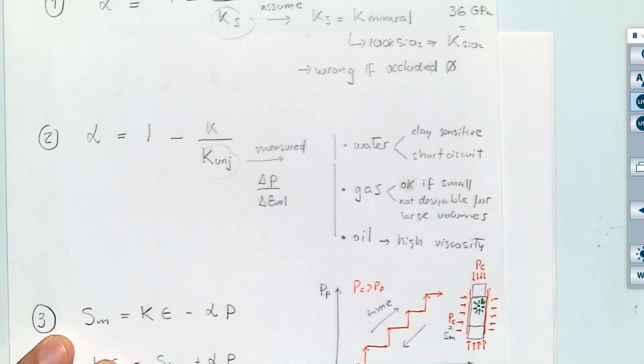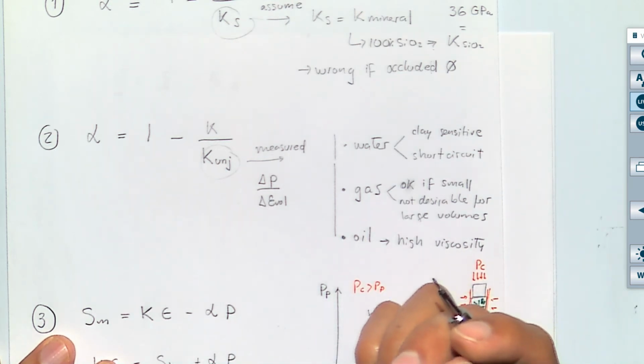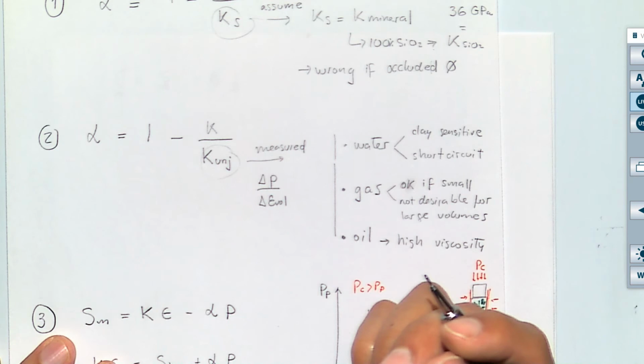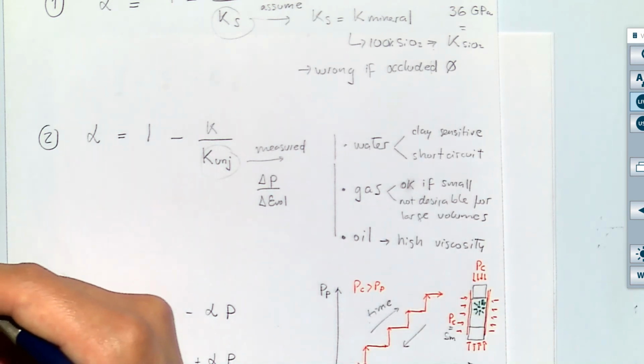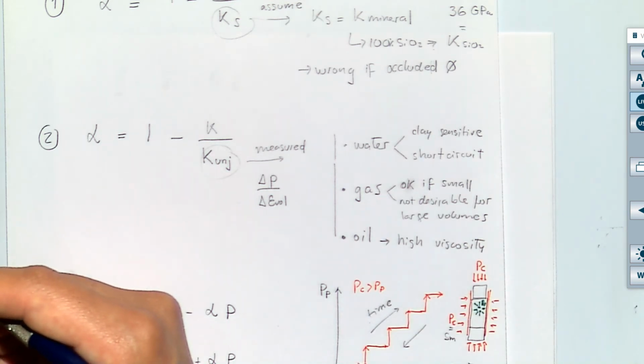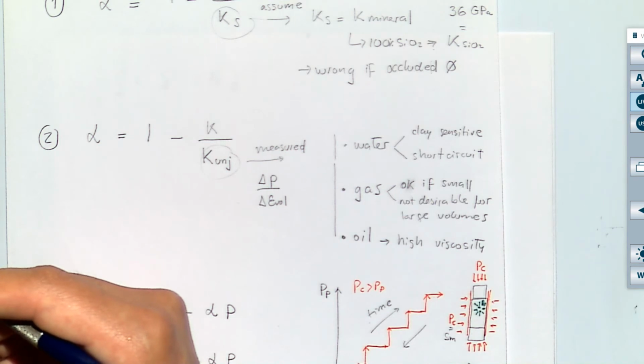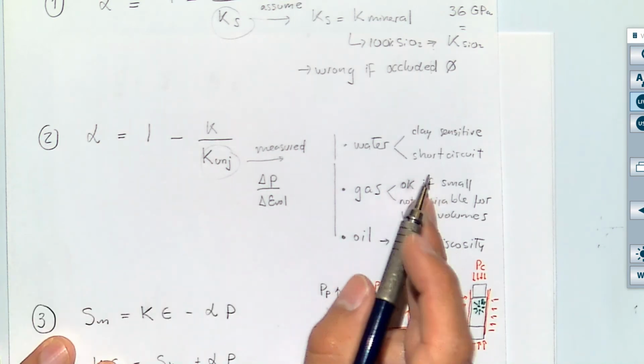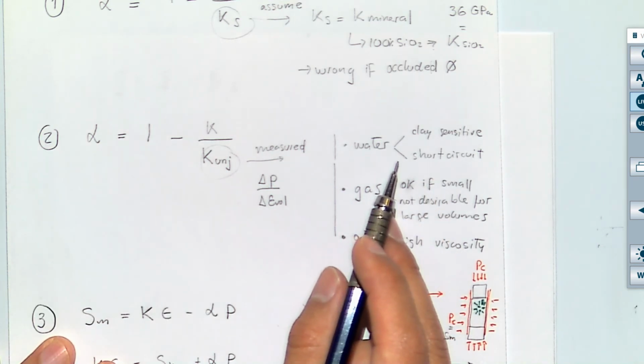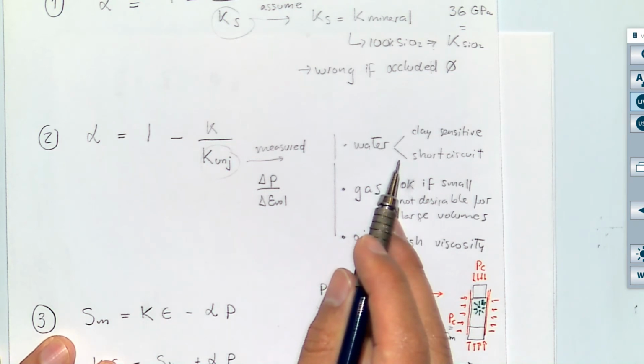Other rocks, like carbonates, if you expose them to fresh water, some of the carbonate is also going to dissolve in order to equilibrate with the pore water. That's also going to alter the microstructure of the rock. So by injecting a fluid with water, many times you're going to be altering the rock.